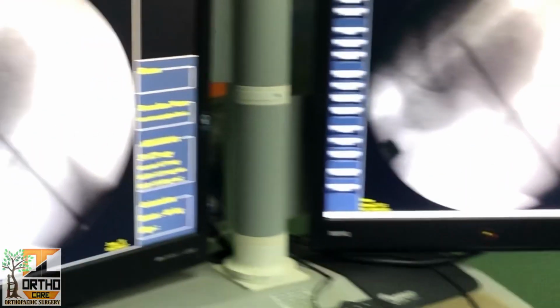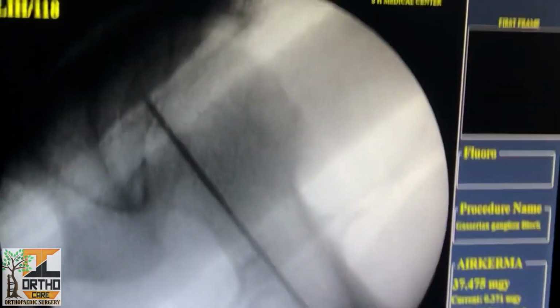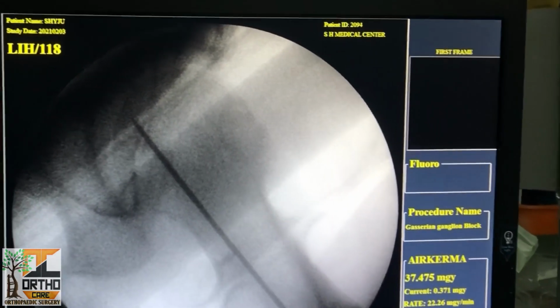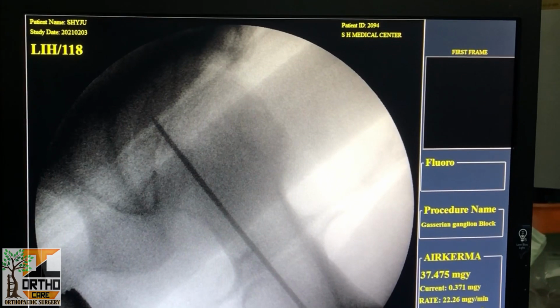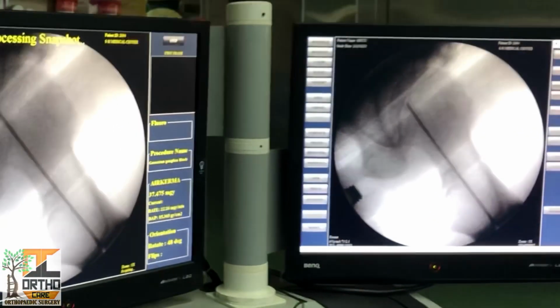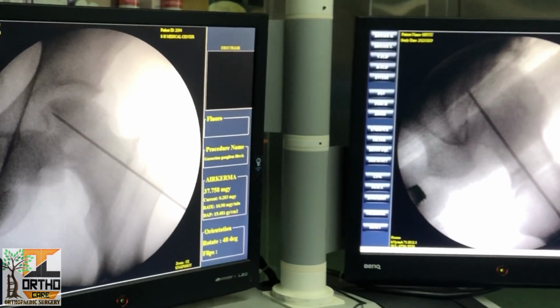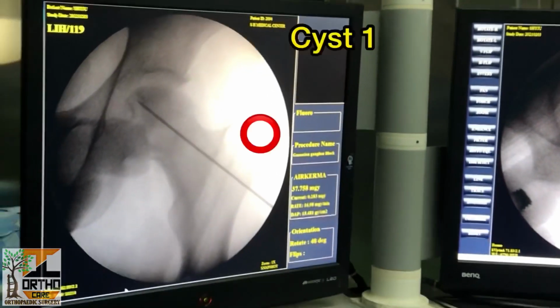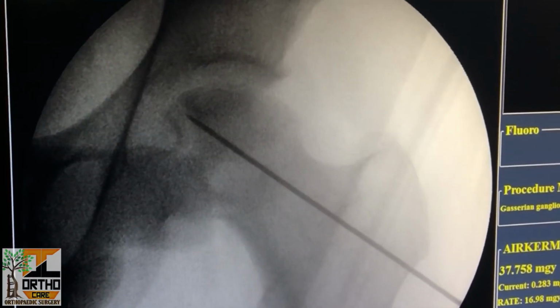Confirm the position both in AP and lateral views. See, it is at the subchondral region, very well placed, and this is the AP view. It is going through a first cyst which was located before.